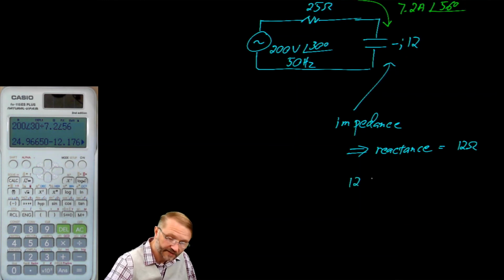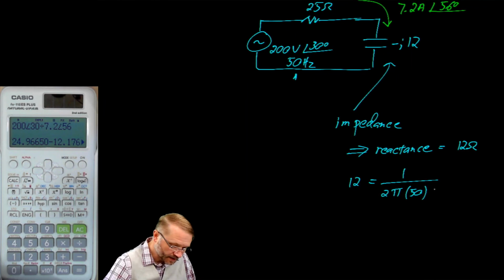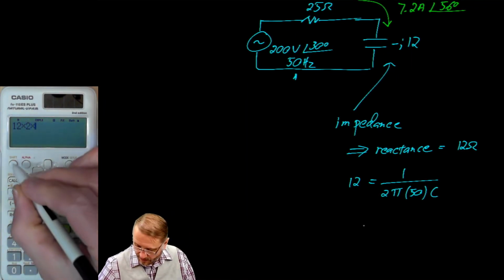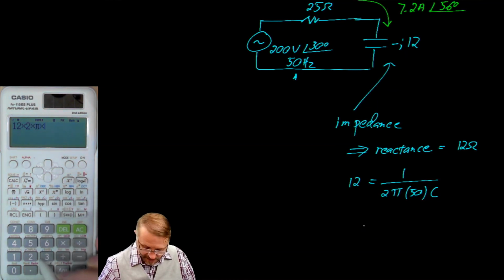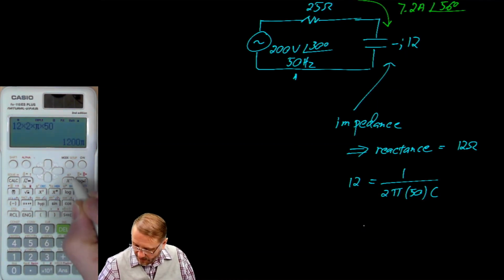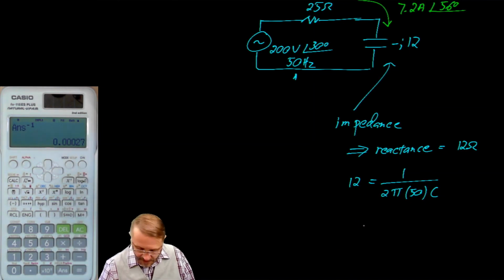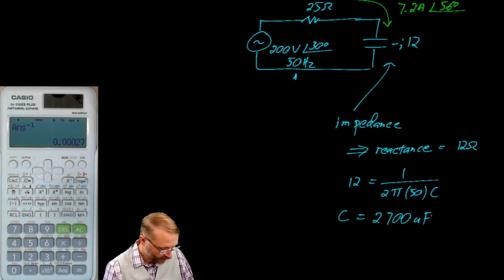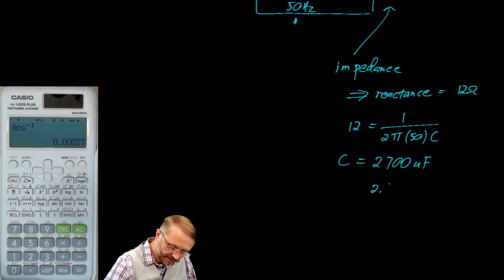And from there, we can figure out the value of the capacitor as 1 over 2 pi, this was 50 hertz, by capacitance. 12 times 2 times pi times 50 equals, inverse, equals. So we read that capacitance as 2,700 microfarads, or less commonly referred to as 2.7 millifarads.